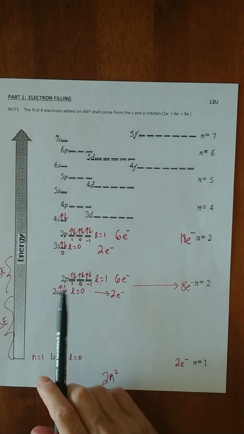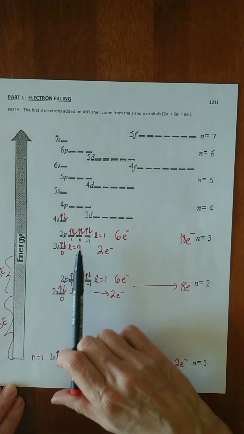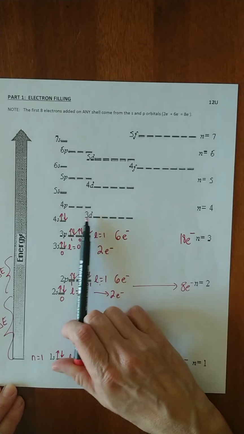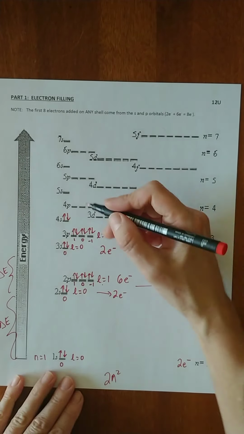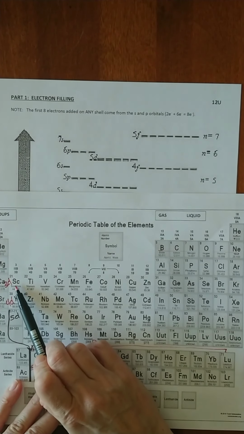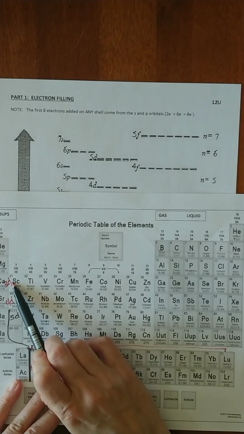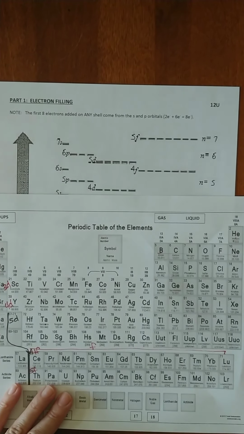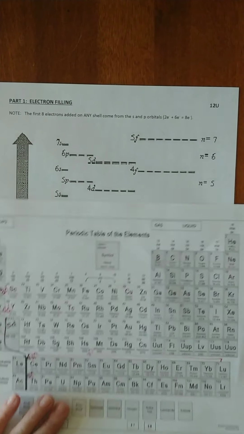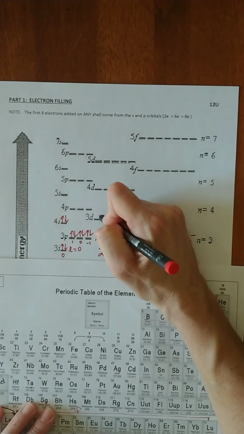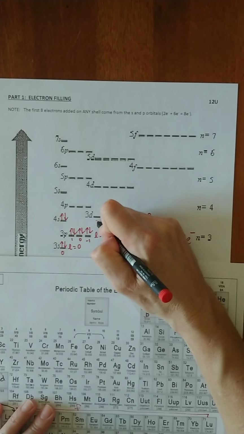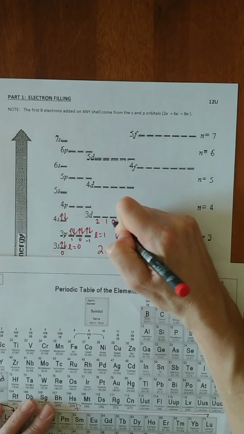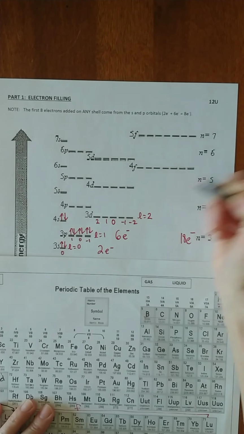So notice how they're staggered, the S's, then the P's, then the D's. And a 3D has more energy than a 4S, even though it's in the lower shell. So the 3D is this entire row here, all 10 atoms with each having an electron that it contributes to the diagram. So this is your L equals 2, and it's a +2, +1, 0, -1, -2.